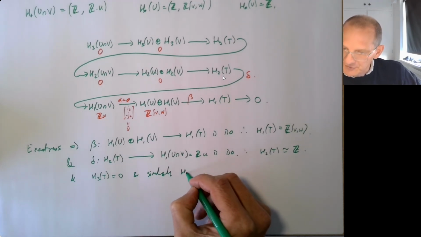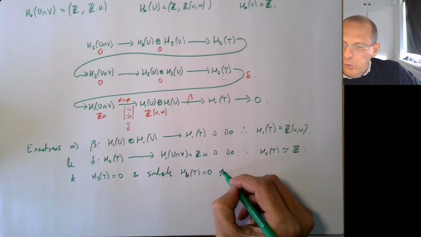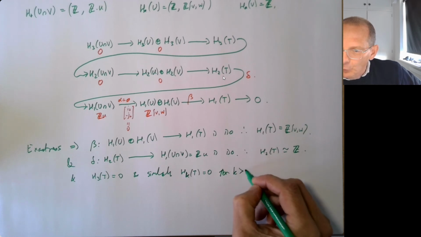And similarly, you get HkT is going to be 0 for all k bigger than 2.